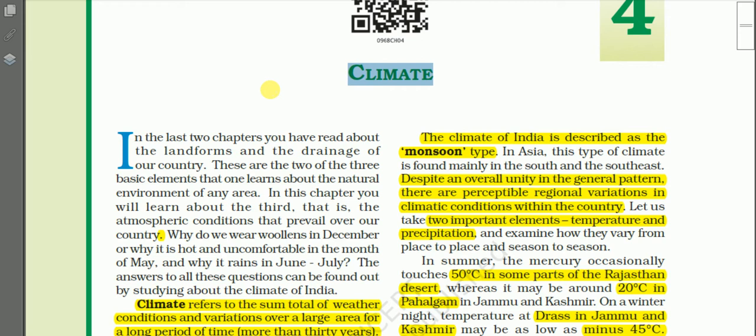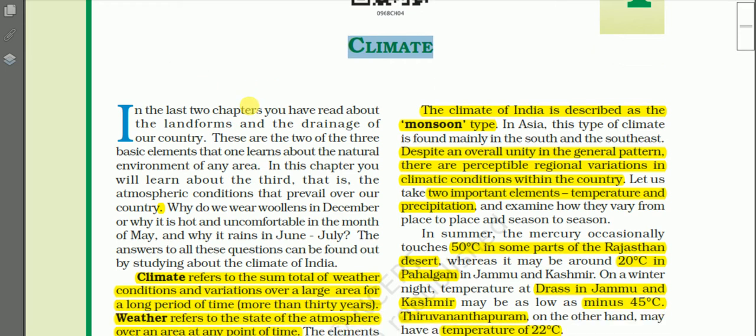So in this chapter, we will learn about the third element, that is the atmospheric conditions that prevail over our country. That is about weather and the climatic conditions. So before we start, we may ask ourselves some questions.